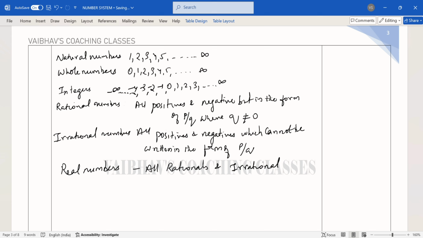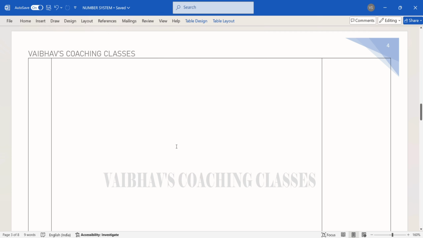So far we have discussed the number system. A point over here: is 0 a rational number? Yeah, a good question. So is 0 a rational number?